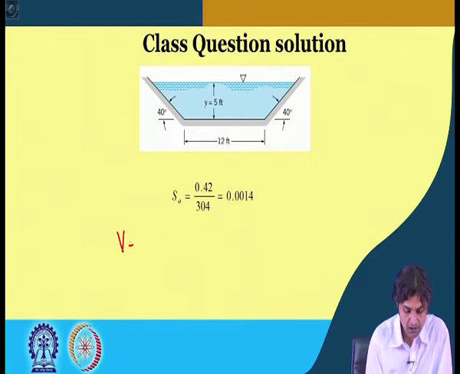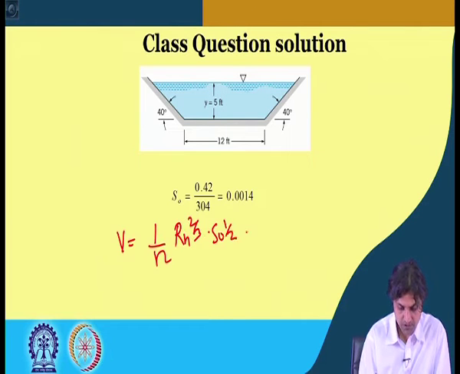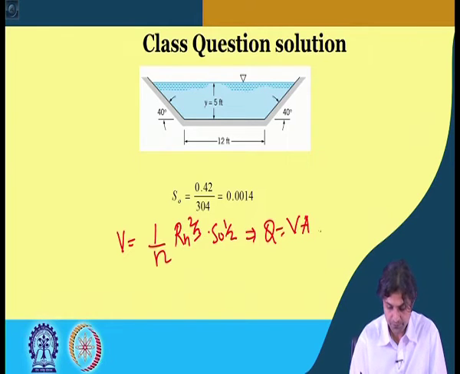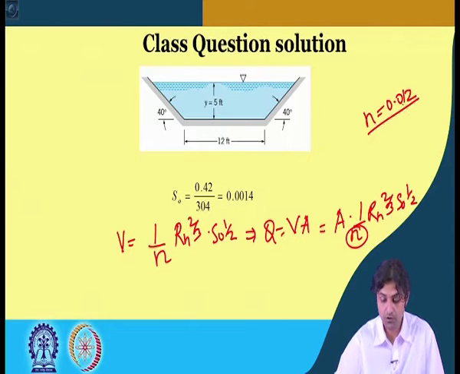We know V is 1 by N, RH to the power 2 by 3 into S naught to the power half. This implies Q is V into area, so area into 1 by N RH to the power 2 by 3 S naught to the power half. N we already know: for finished concrete N was 0.012, which we looked up from the table.